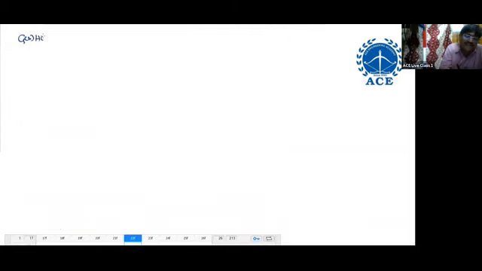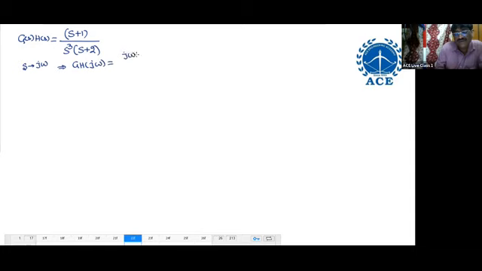G of s, h of s. Here I am including finite pole as well as finite zero, like this: s plus 1 by s cube into s plus 2. S replaced by j omega. GH of j omega equal to j omega plus 1 by j omega whole cube into j omega plus 2.